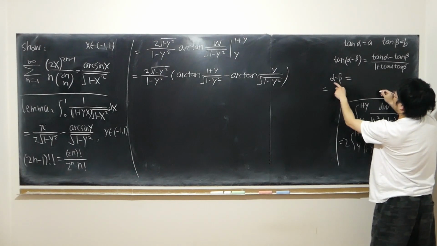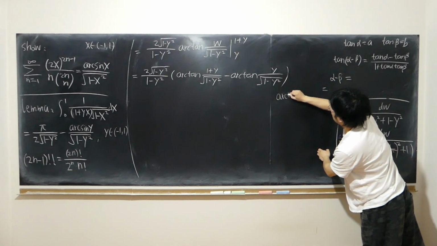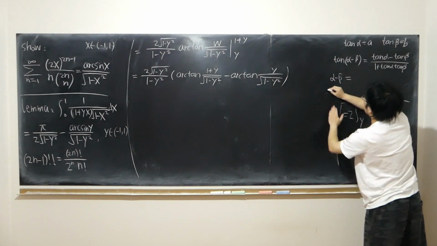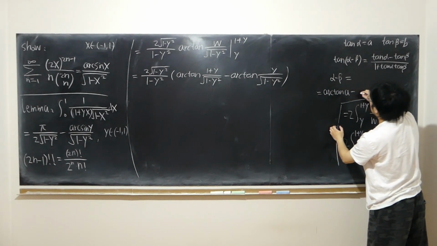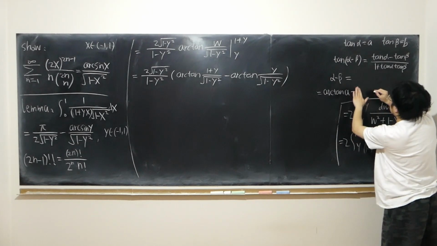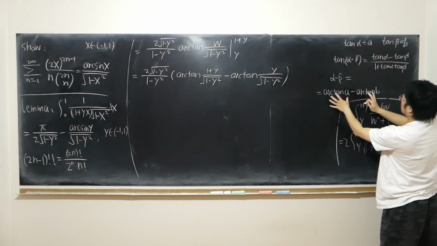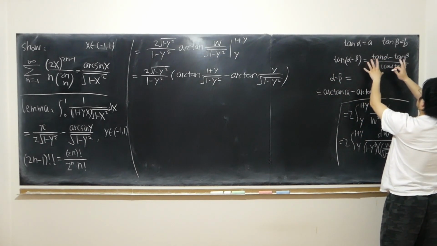In other words, alpha is arctangent A, minus arctangent B. That's alpha minus beta, also equal to arctangent of this.